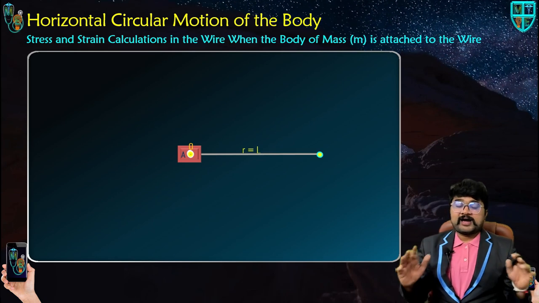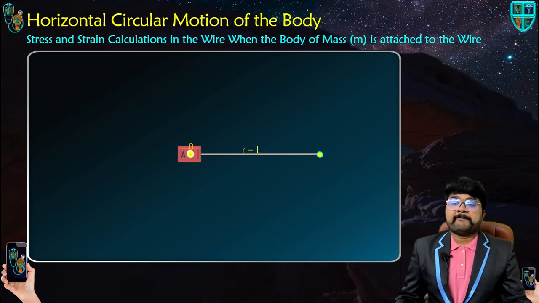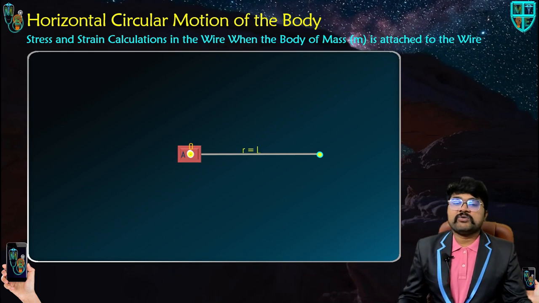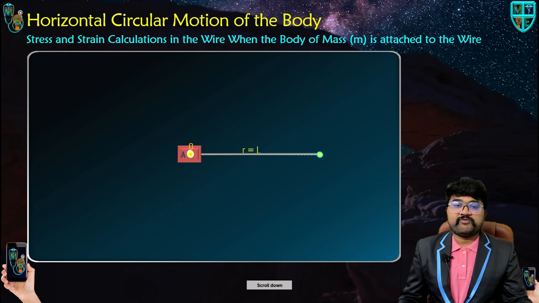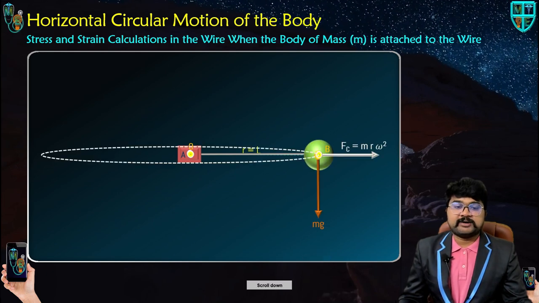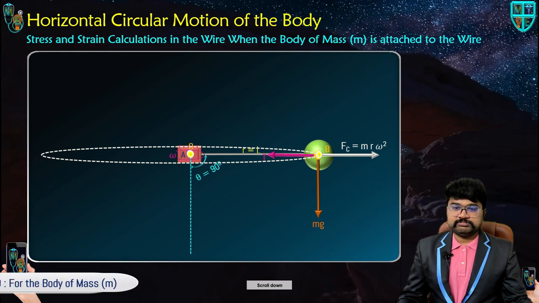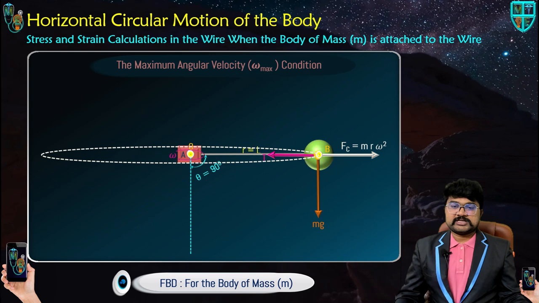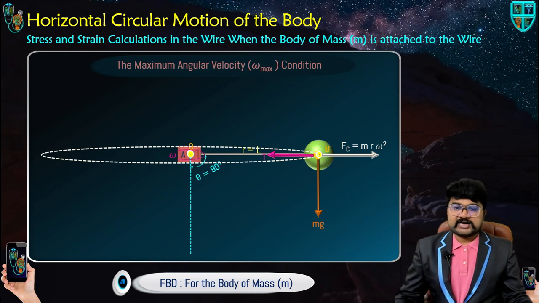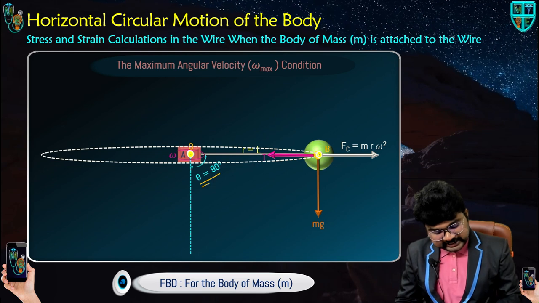Now I want to discuss one good question. What is the maximum angular velocity condition? When will the angular velocity of the body be maximum in this particular case? Just observe here. This is the maximum angular velocity condition. Here theta becomes equal to 90.